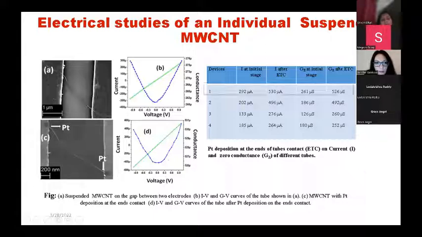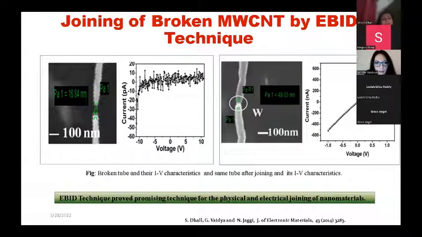But during this measurement, we found that when we go for a high bias voltage, there is noise in the IV curve. When we noticed this CNT in the SEM, it was completely broken. So then I tried to join the CNT again using the EBID technique. Here we have used tungsten metal, but I did this same work with Pt metal also.